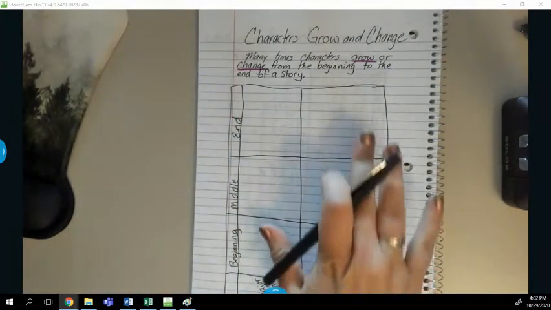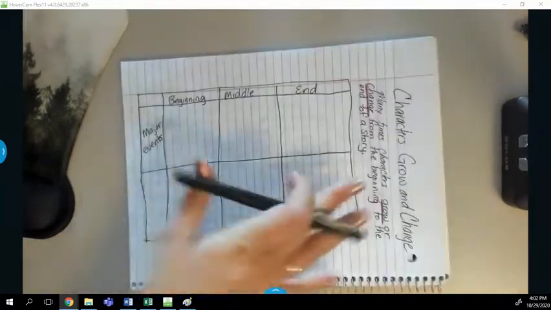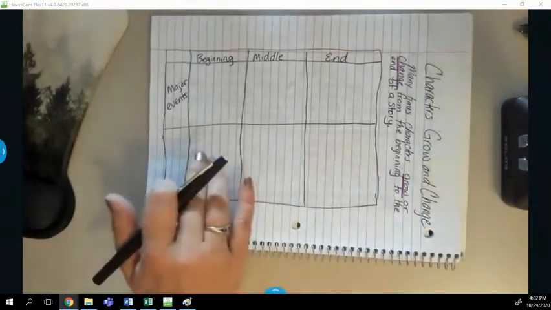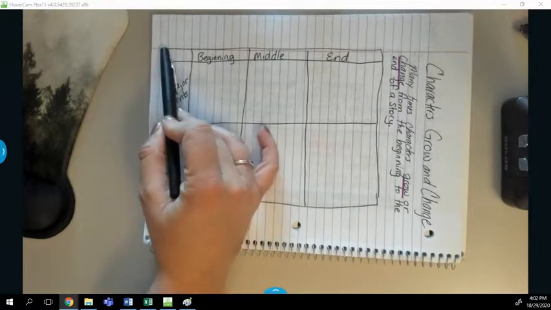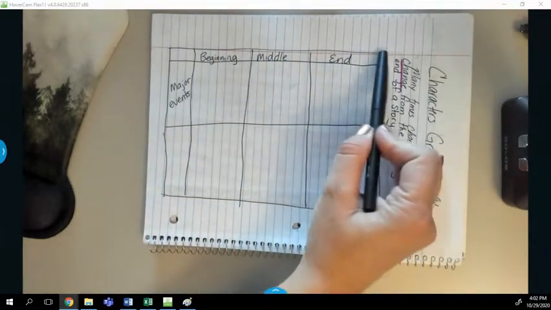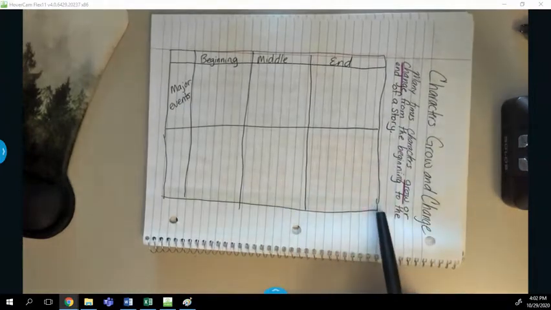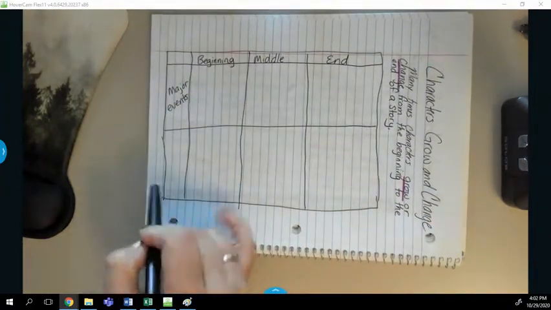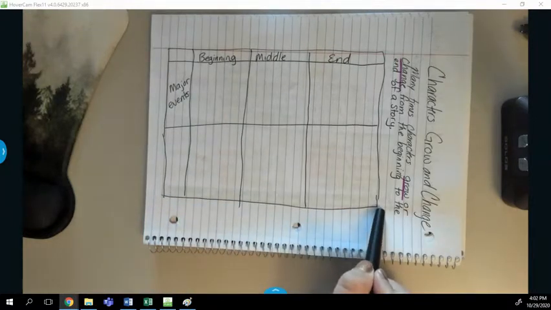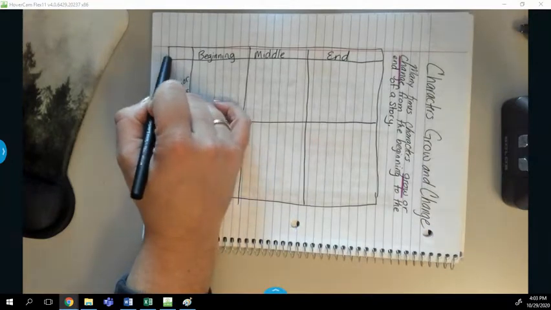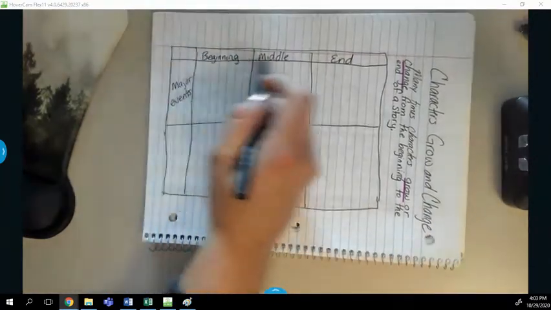Once you've had this written down, you're going to turn your notebook to the side, and we're going to make a giant box. I'm going to use that red line up at the top of the margin to follow along, and then I'm going to bring down my line here. I'm going to bring it down on this side, and I'm going to connect those two parallel lines. And then up here at the top, we're going to make a little title section.